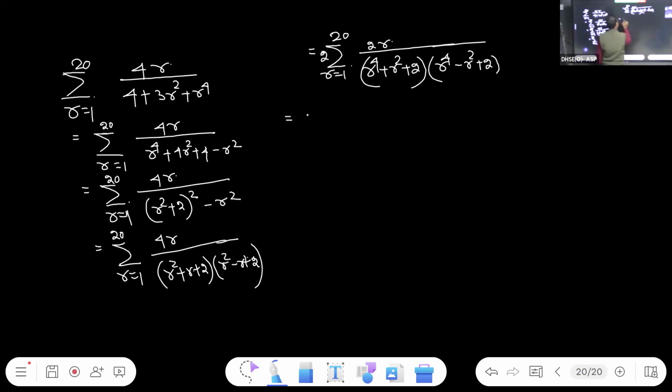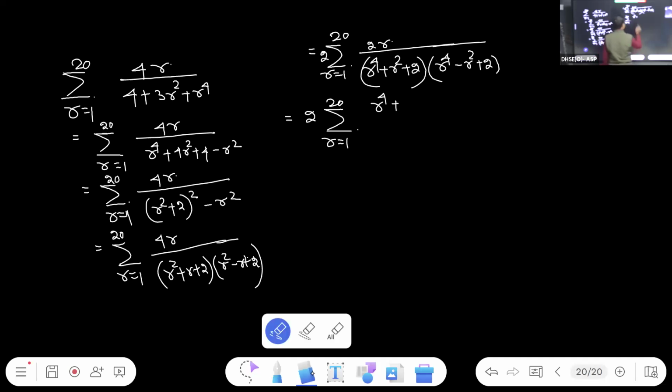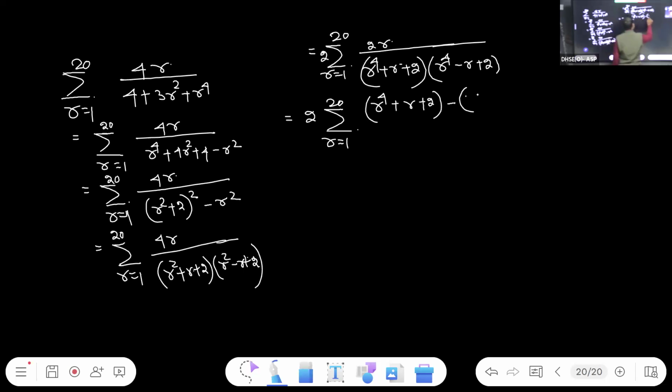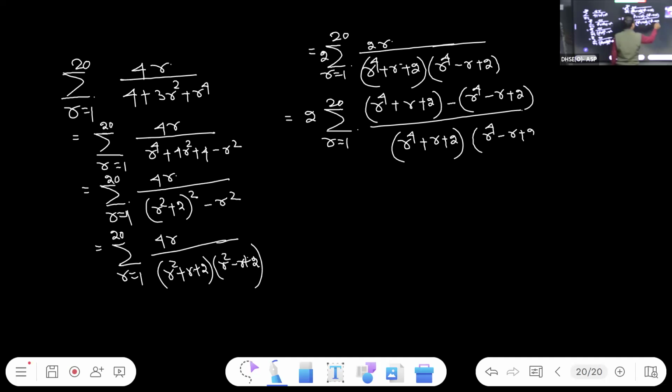The difference of these two is 2r, so it is r square plus r plus 2 minus r square minus r plus 2, upon r square plus r plus 2 into r square minus r plus 2.